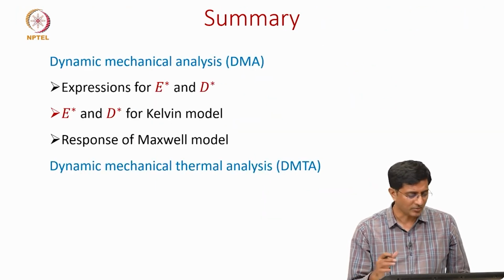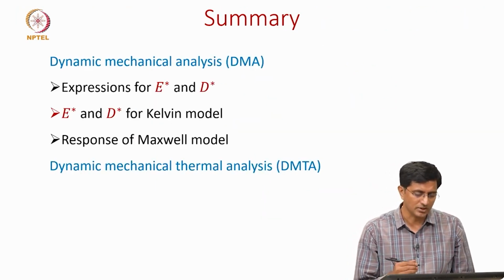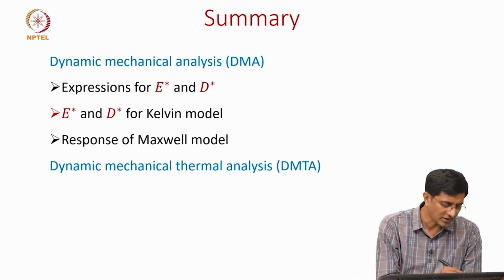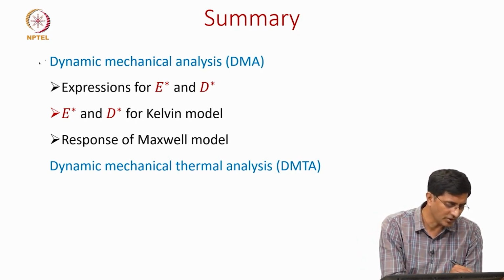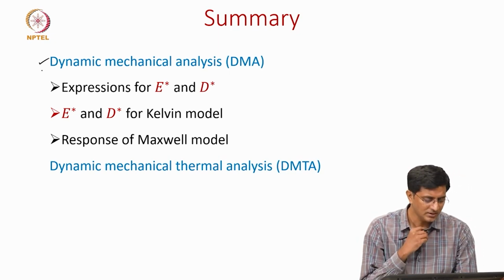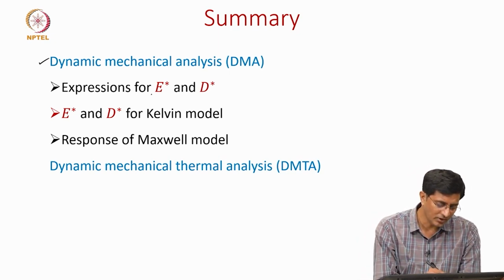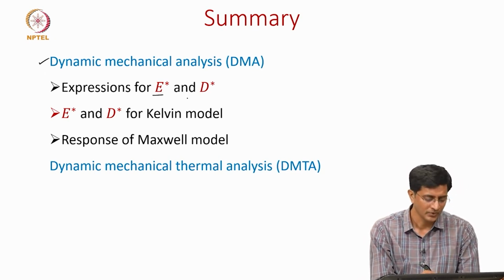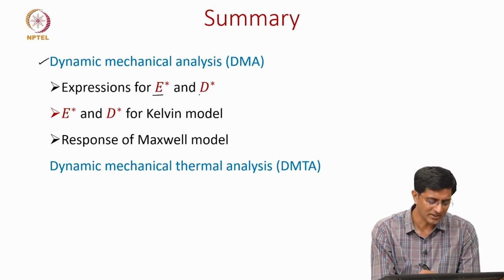So, finally, let us summarize what we have discussed in this video. We started with discussing the dynamic mechanical analysis, but then we showed you the expressions or derivations for E star, the complex modulus, as well as the complex compliance.